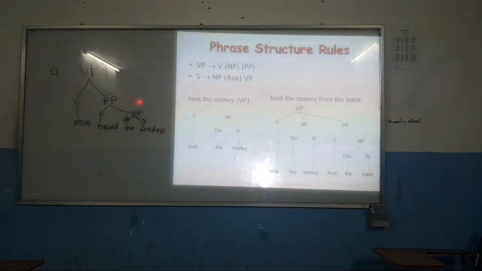So if the sentence goes through this structure, we can say it is a verb phrase. But everything in brackets is just optional. It can be included or not included. So this is the formula.